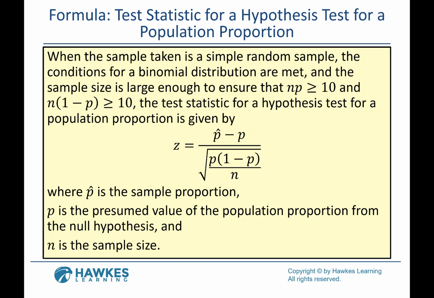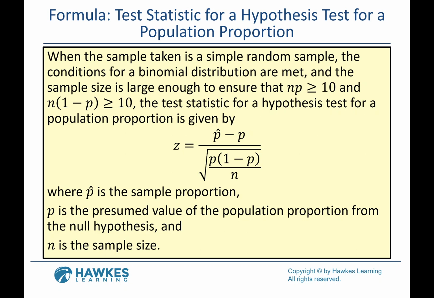Looking at the formula, the top part is similar to our other formulas, right? But instead of x bar, we have p hat, sample proportion, instead of sample mean. And instead of mu, we have p, population proportion, instead of population mean. And just like before, for our population number, this time p, previously mu, this number we don't actually know, because if we did know p, we would not have to be doing a hypothesis test.